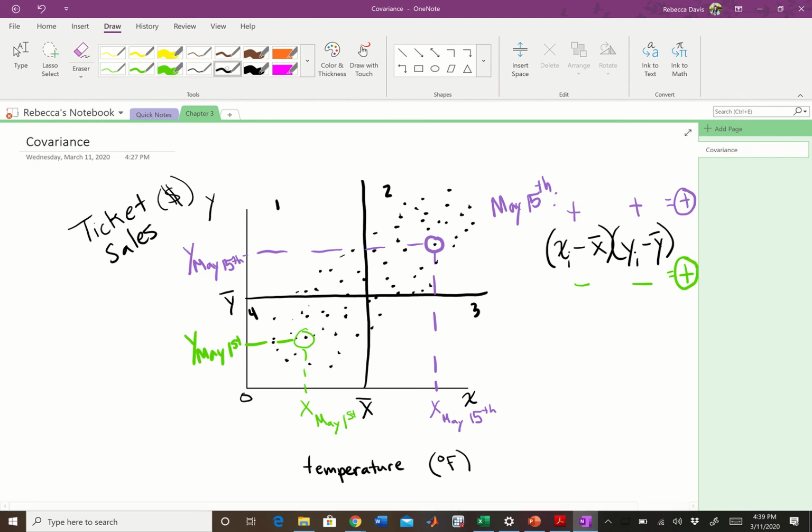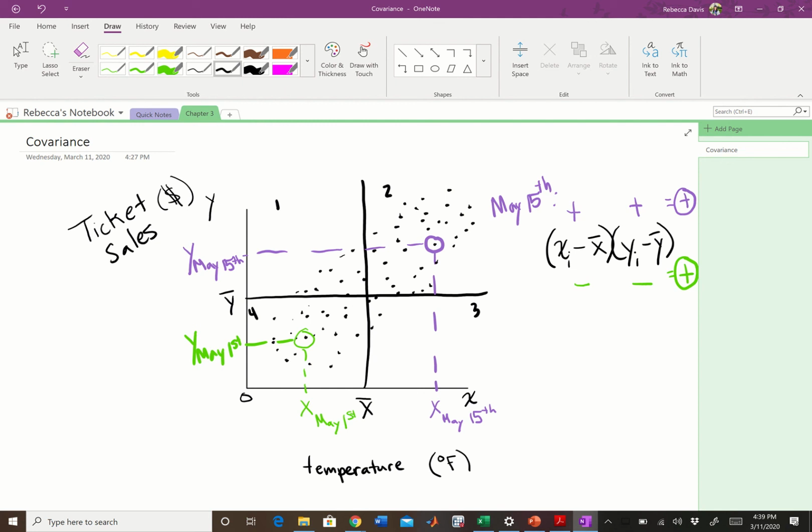All of this is to point out the fact that if you take each of these data points and go through the exact analysis that we did on this graph, where we're finding out what is xi minus x bar and what is yi minus y bar, and we do this in Excel with the raw data, we would find that we have more data points in quadrants 2 and 4 that give us a numerator for the formula for covariance that is positive.